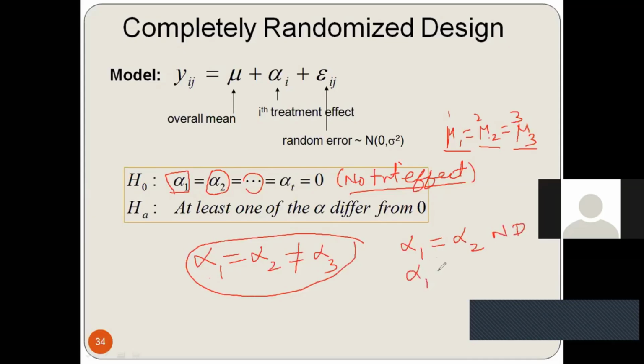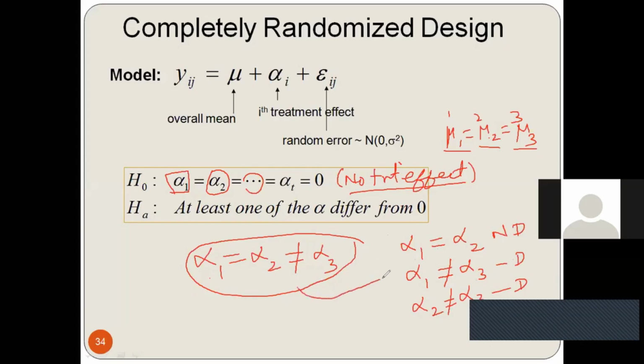What about alpha 1 and alpha 3? Not equal. The mean of alpha 1 is not equal to the mean of alpha 3, so it is different. What about alpha 2 and alpha 3? Not equal, so that is also different.